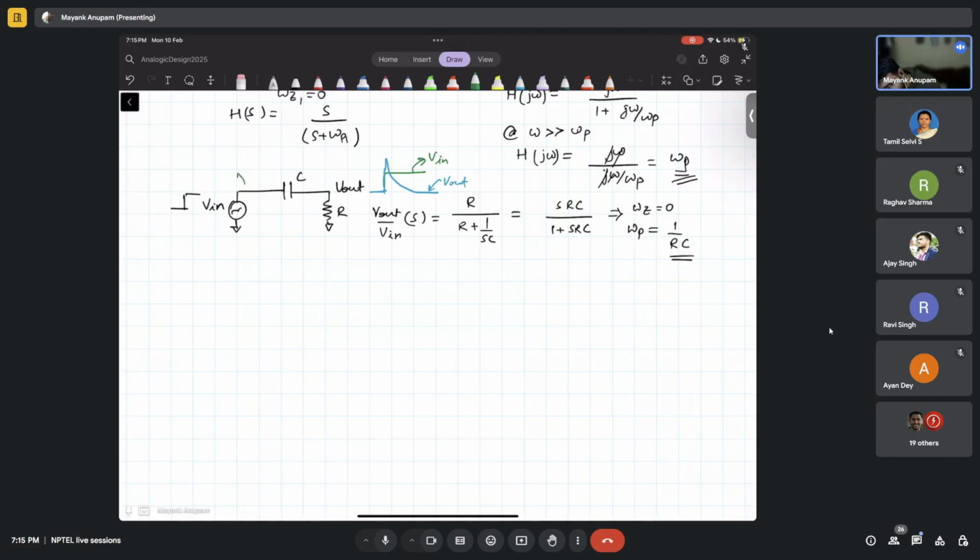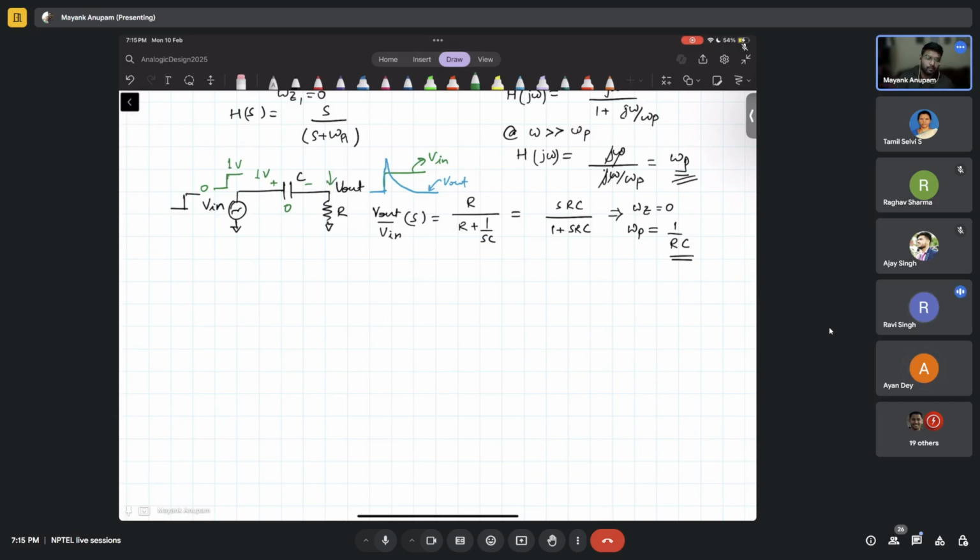So voltage across this capacitor cannot change instantaneously, right? What was the initial voltage across this capacitor? It was zero, right? Initially. And when you suddenly increase the voltage from, let's say, 0 to 1 volt, the voltage across this capacitor cannot change, right? But at this terminal, if the voltage has become 1 volt, what should happen to the voltage at this terminal?